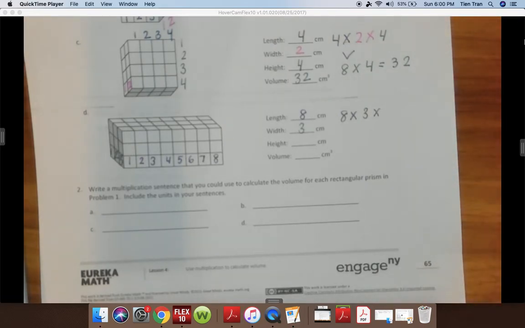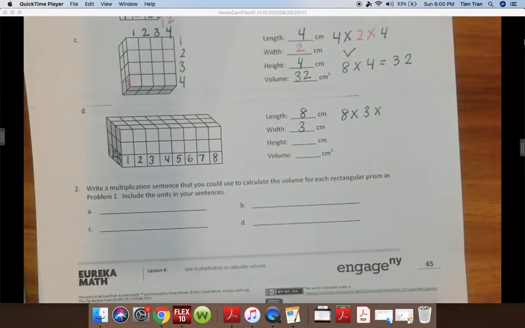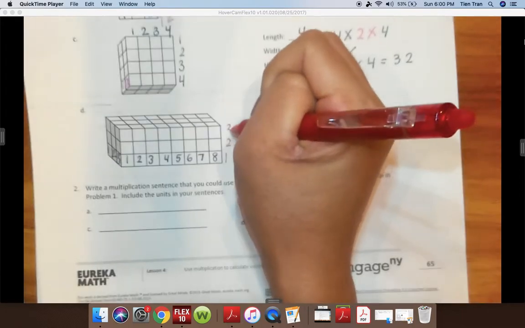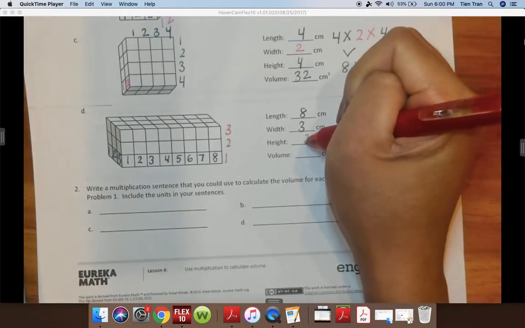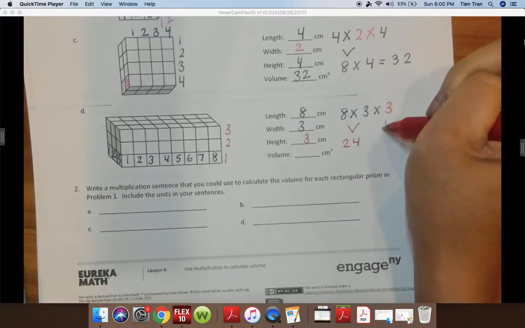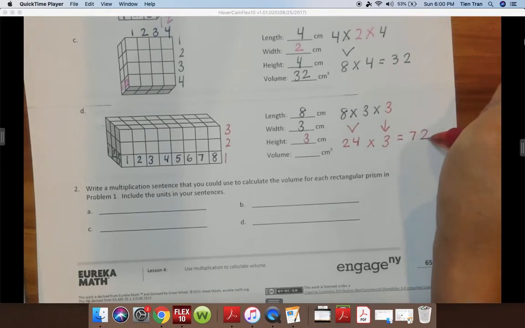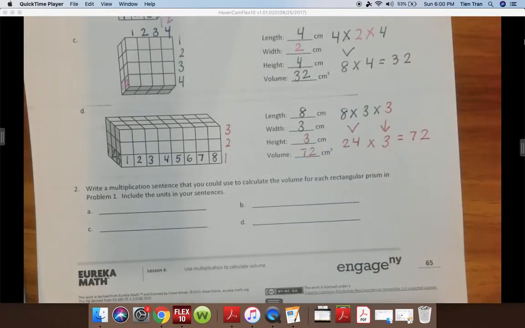So I'm counting how high my object is. Let me use a different color. 1, 2, 3. 8 times 3 is 24, and 24 times 3 is equal to 72. So I have 72 centimeters cubed.